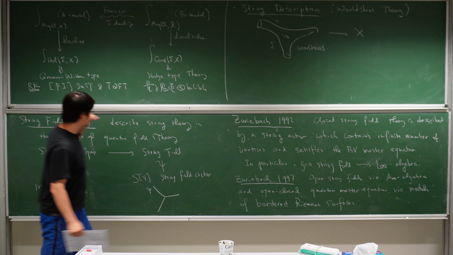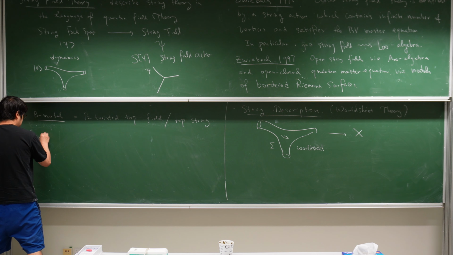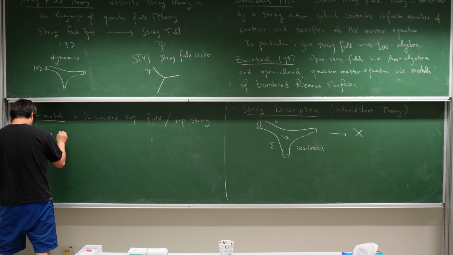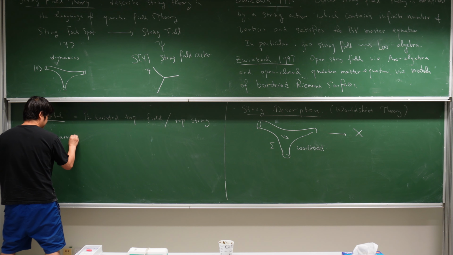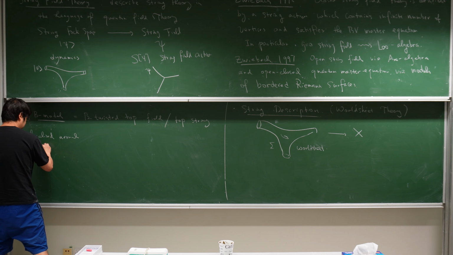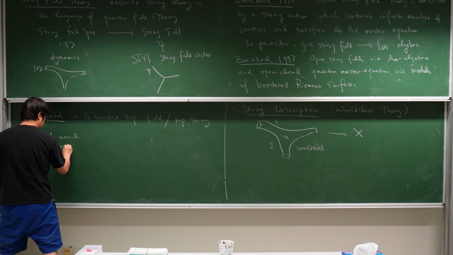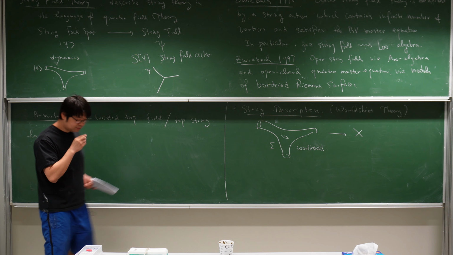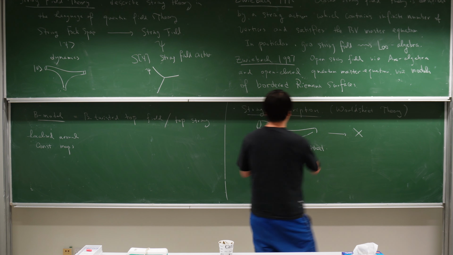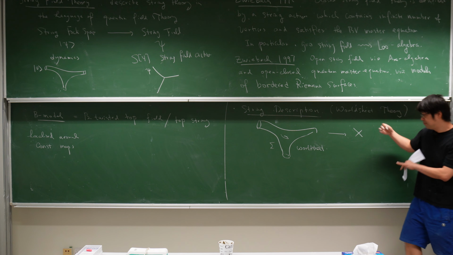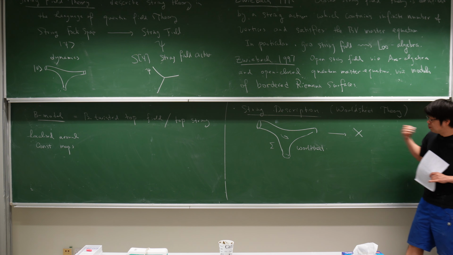So, as I mentioned, the B model somehow is localized around constant maps. The constant maps are where everything shrinks to a point, and you basically look at the quantum fluctuation around that point.